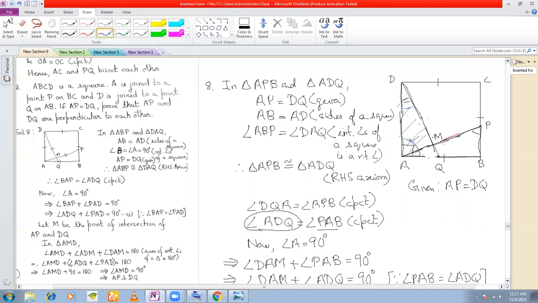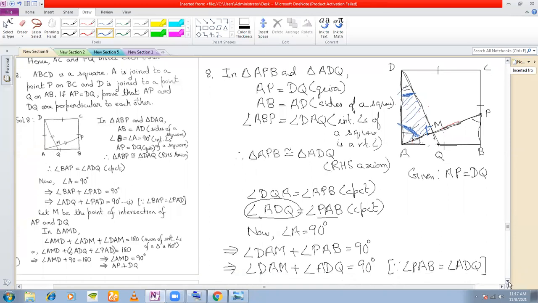In this triangle, I know this angle and this angle, and the sum of these two angles is 90 degree. Then can I say this angle is 90 degree? In a triangle, if I know that the sum of two angles is 90 degree, the third angle has to be 90 degree, isn't it?